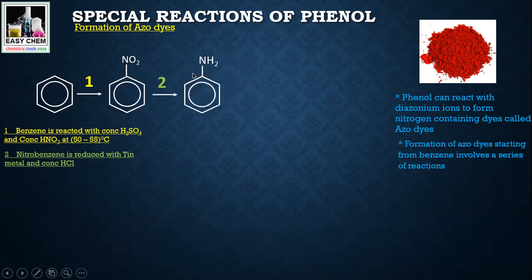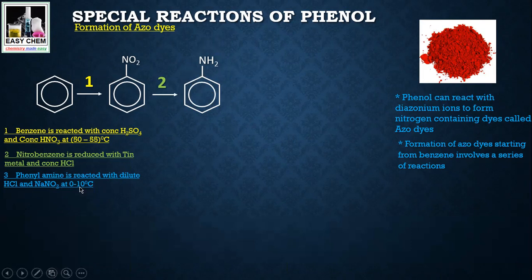Now, this is called phenylamine. The phenylamine molecule is reacted with dilute HCl and sodium nitrite. The temperature has to be maintained at 0 to 10 degrees Celsius. If you write less than 10 degrees Celsius, that's fine.